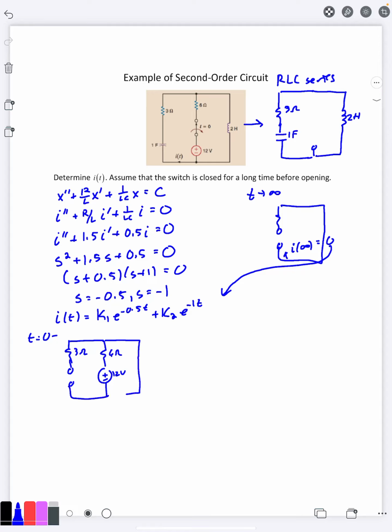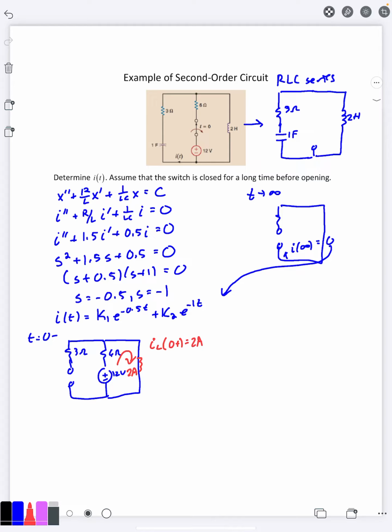We have the inductor as a short. Now because of the capacitor on the left branch, it becomes an open, no current flowing there, which means we just have this current going this way, and 12 over 6 is 2 amps. So my current through my inductor, which is kind of in hiding here, that's going to be 2 amps.